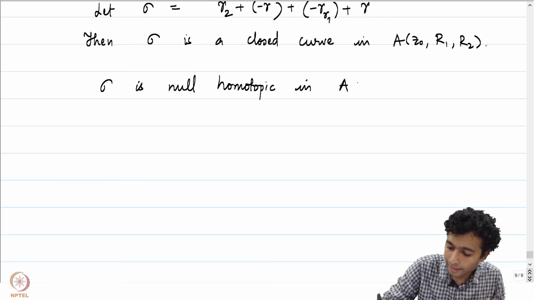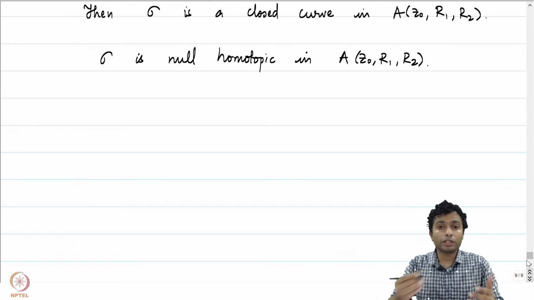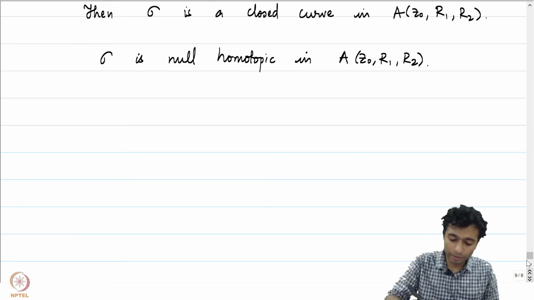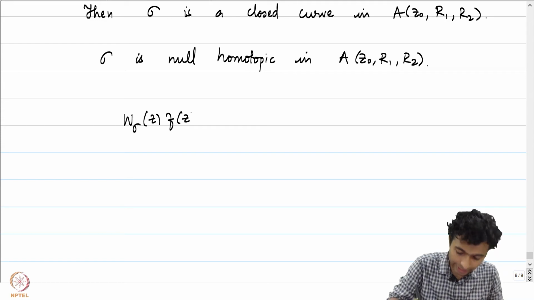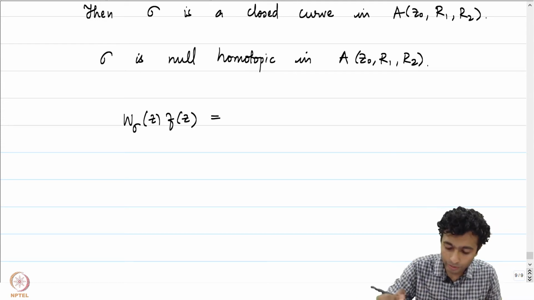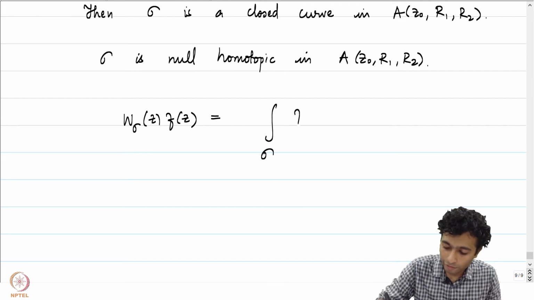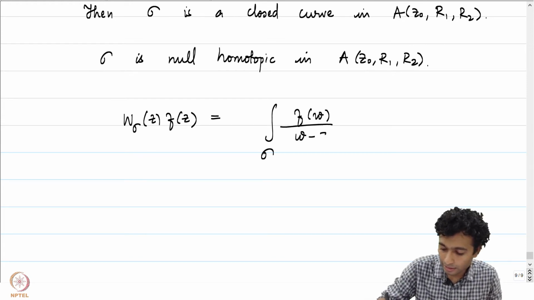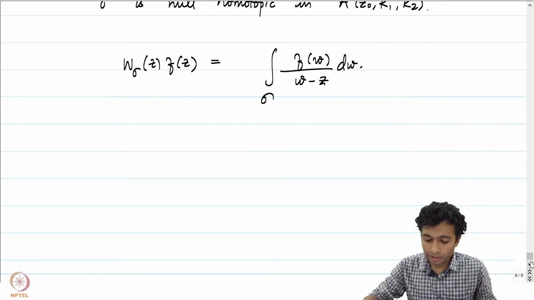In A(z0, R1, R2), and therefore we can use the general Cauchy's integral formula to conclude that W sigma of z times f of z is going to be equal to the integral over sigma of f of w by w minus z dw. But what is the right hand side?